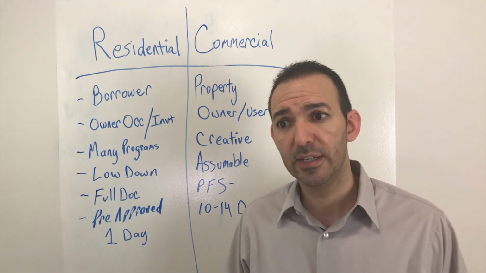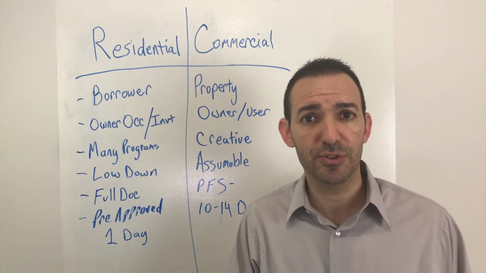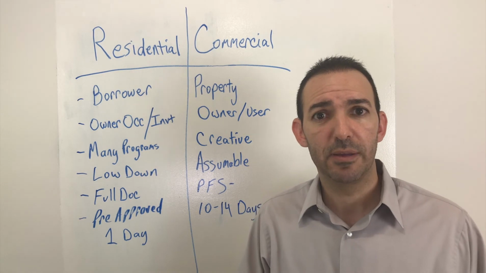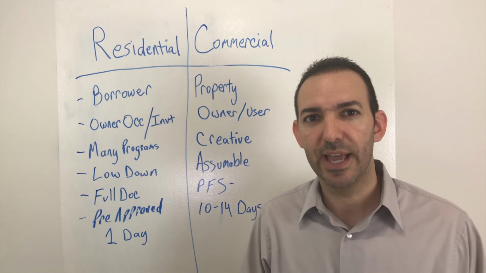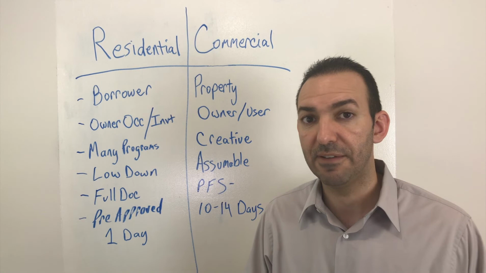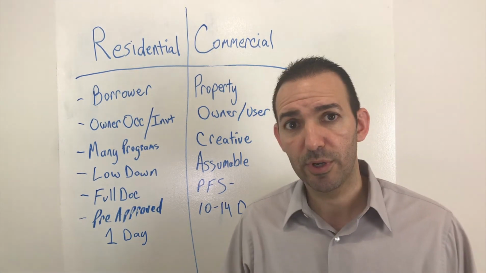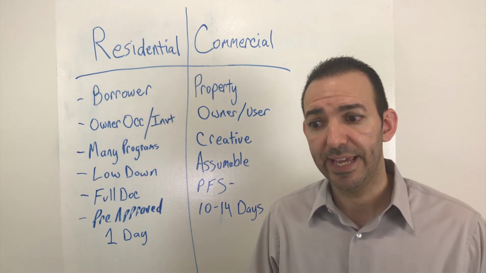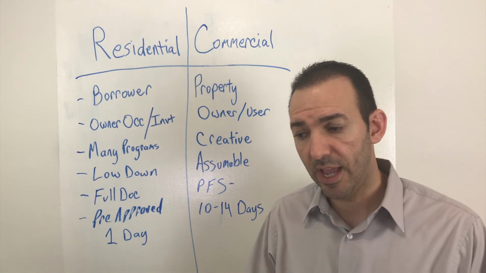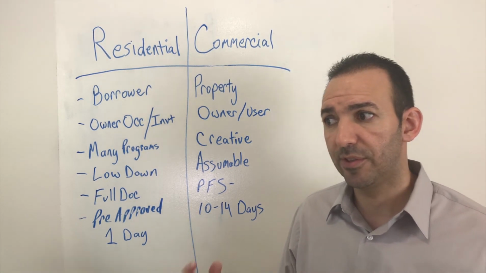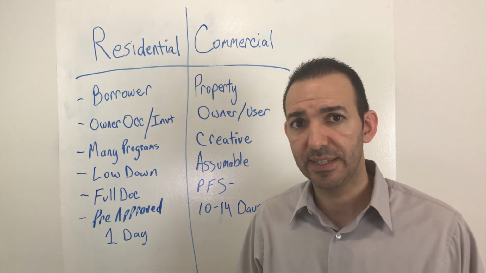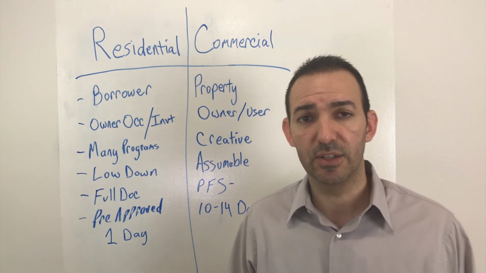You have a full doc in residential, and you have a full doc also in commercial property, but it's not nearly as invasive, I found, as a residential loan. Finally, you're pre-approved in a day, and with your borrower, everything is laid on them, whereas on the property, if the asset doesn't make sense, then you're not likely to get a loan.